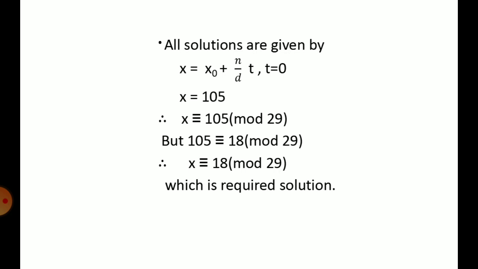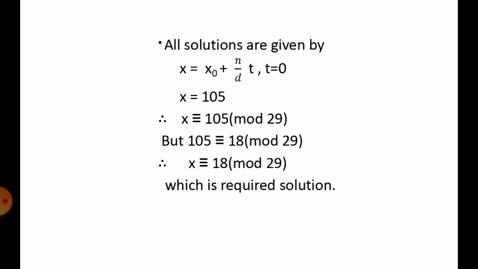As there is only one solution, we have to take only the first value of t, that is 0. After putting t equal to 0, this n by d into t value becomes 0. That means we get x equal to x0, and as x0 is 105, we get x equals 105. That means x is congruent to 105 mod 29. This is a solution.